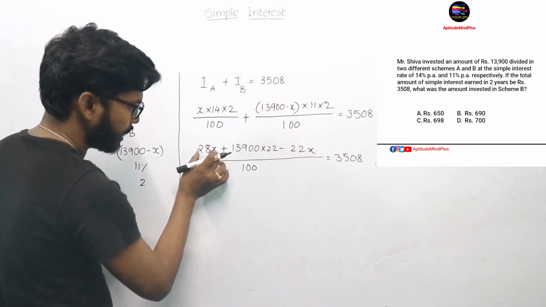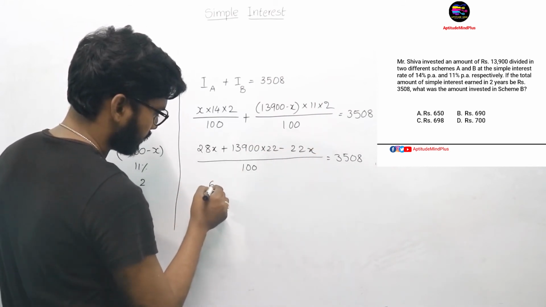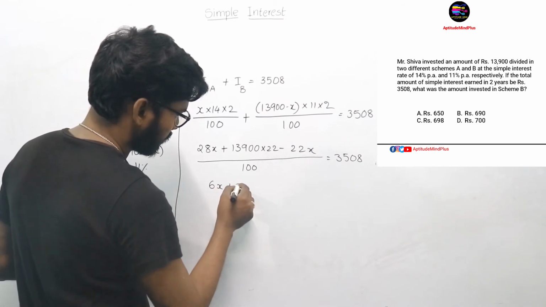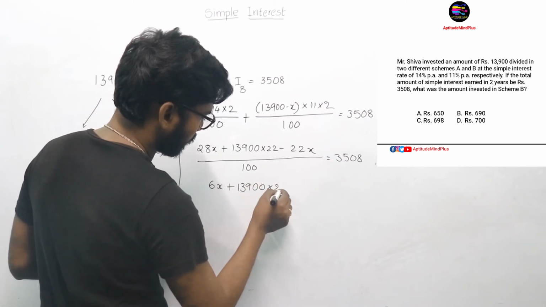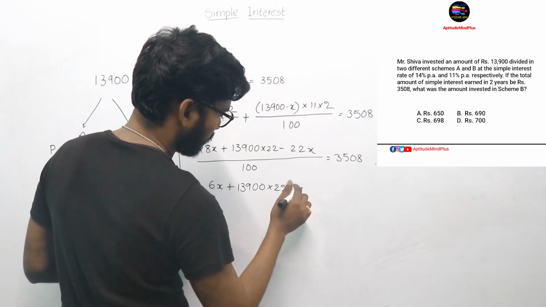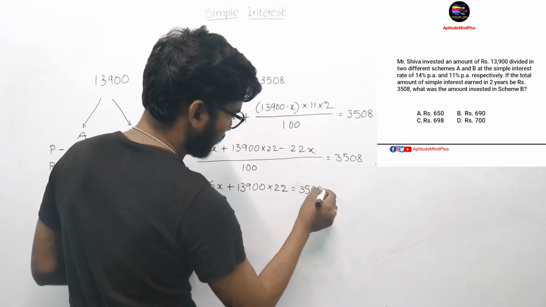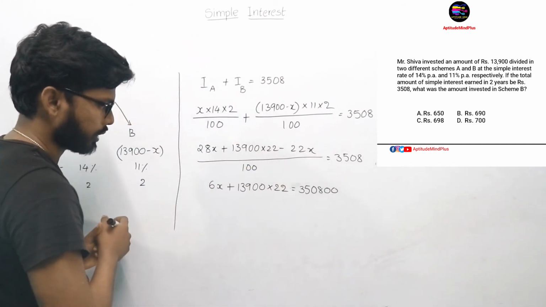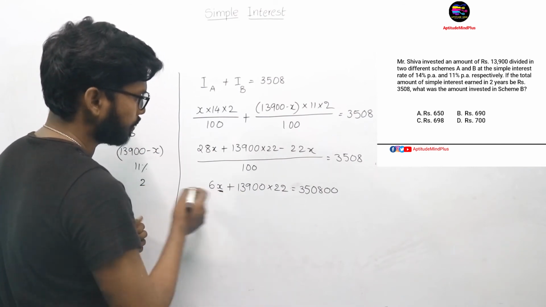So 28x minus 22x, that would be 6x, plus 13,900 into 22 is equal to 3,508.00, because 100 goes to that side. Okay, so from here you can get the value of x.